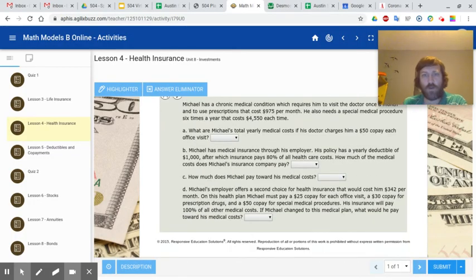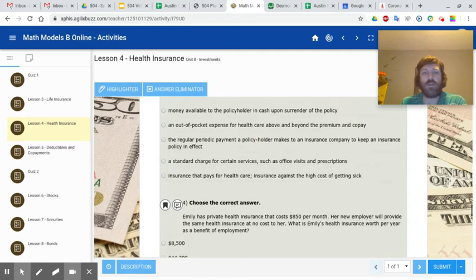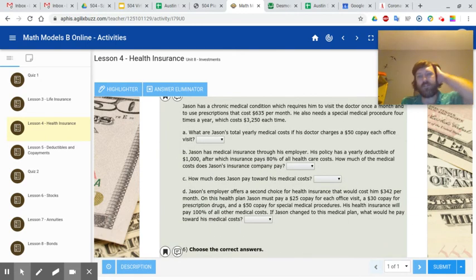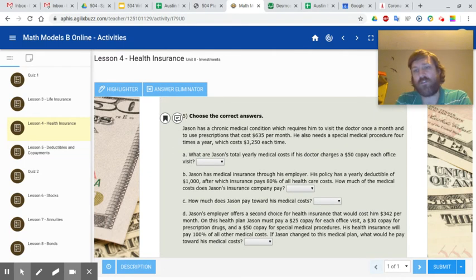The rest of these problems are going to take you through step by step understanding the different costs in a health insurance plan and how they work. It says here, Jason has a chronic medical condition that requires him to visit the doctor once a month and to use prescriptions that cost $635 per month. He also needs a special medical procedure 4 times a year, which costs $3,250 each time.